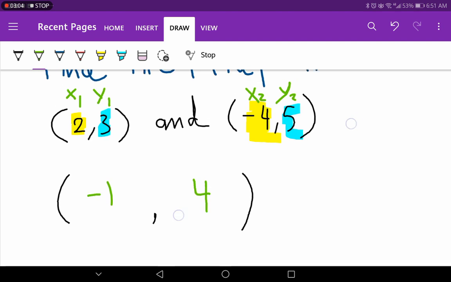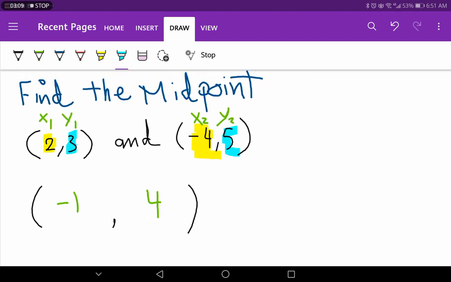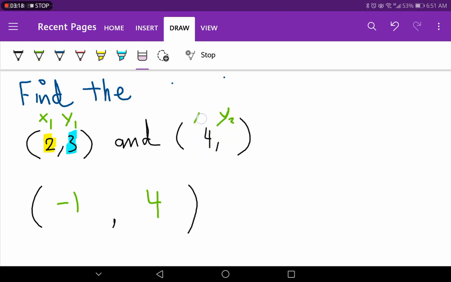Now, what if he asked me to find an endpoint instead of this endpoint? I mean, let me hide this and this.